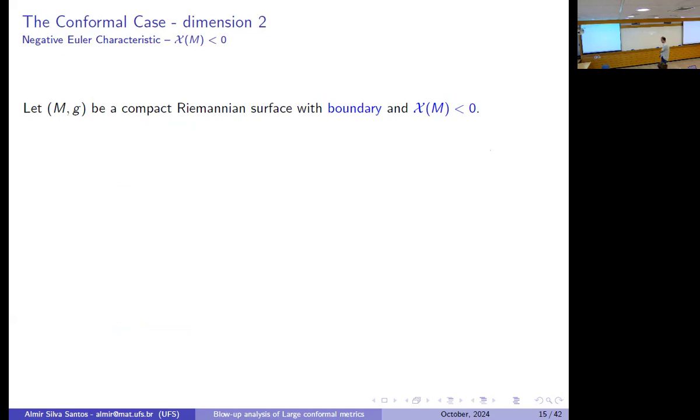Our work deals with the negative Euler characteristic. So from now on, I will consider this case, the Euler characteristic is negative. We started with a compact Riemannian surface with negative Euler characteristic and non-empty boundary.